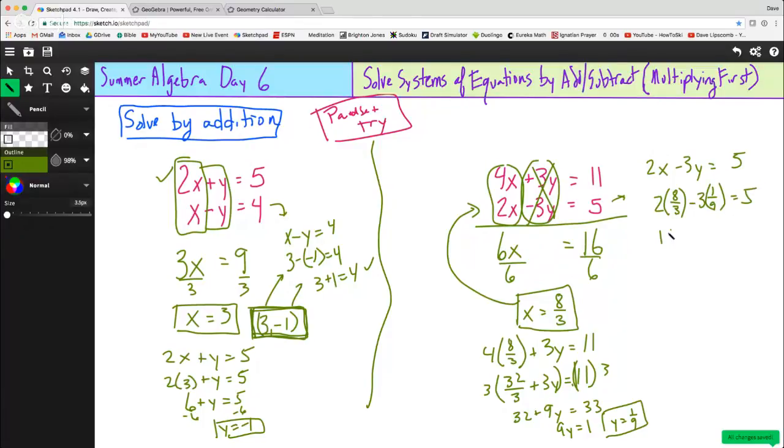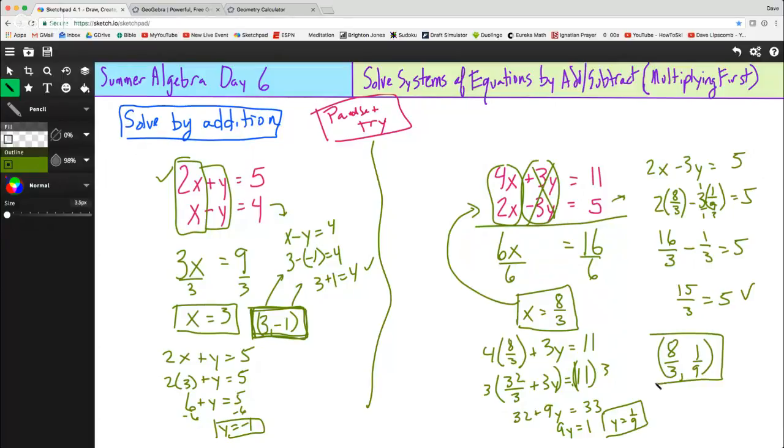So does 16/3 minus 3 times 1/9, that's 1/3, minus 1/3, does that equal 5? Well, does 15/3 equal 5? And the answer is yes. So gosh, gnarly fraction problem, but we got it right.